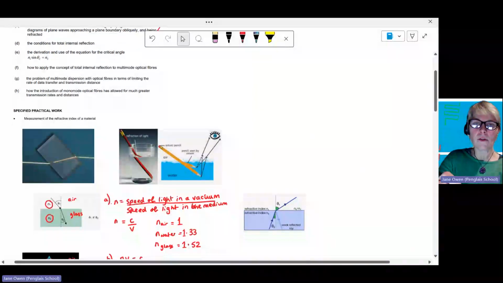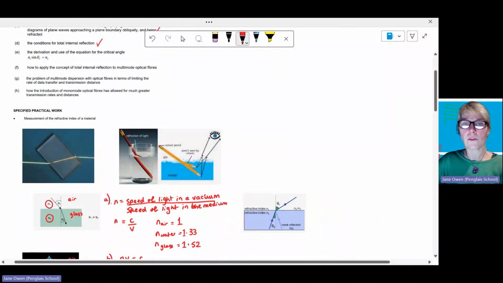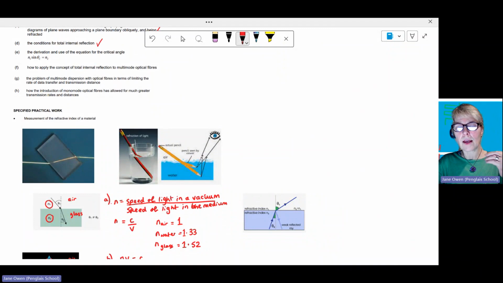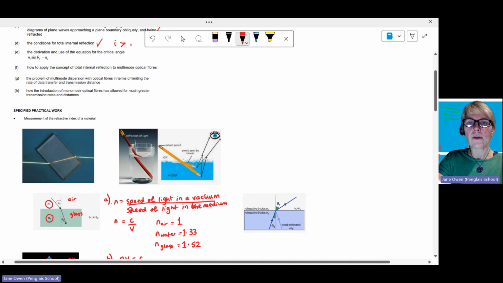We've looked at the conditions for total internal reflection, i.e. the light trying to go from a more dense medium into a less dense one. It doesn't happen the other way around. And also that the incident angle has to be bigger than the critical angle for total internal reflection to occur.